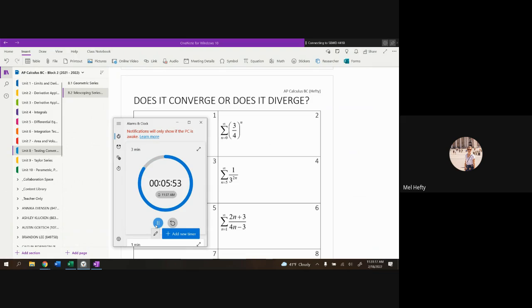The absolute value of R is less than 1, or greater than 1. I think diverge anyway. We're going to have to go with diverge.